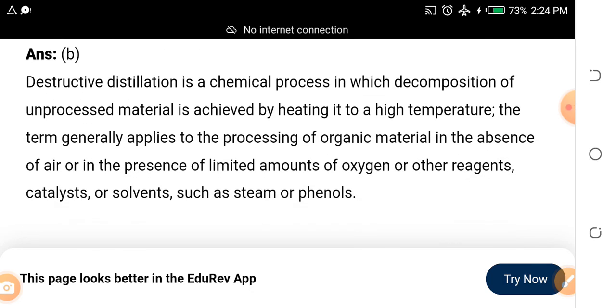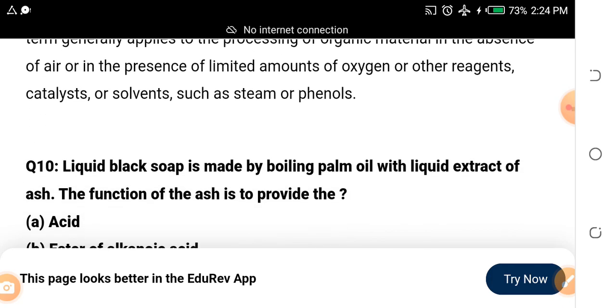Let me explain. Destructive distillation is a chemical process in which the decomposition of unprocessed material is achieved by heating it to a high temperature. The term generally applies to the processing of organic material in the absence of air or in the presence of a limited amount of oxygen or other reagents, catalysts or solvents, such as steam or phenol.